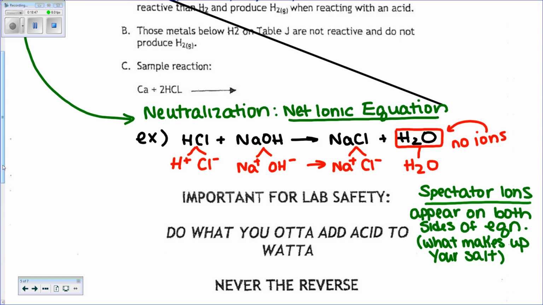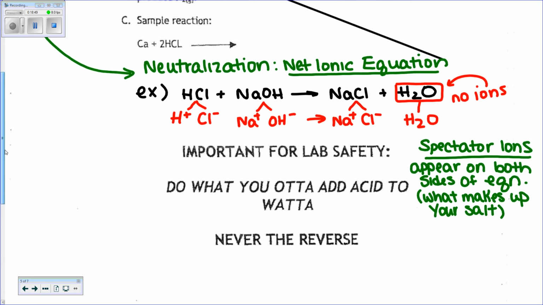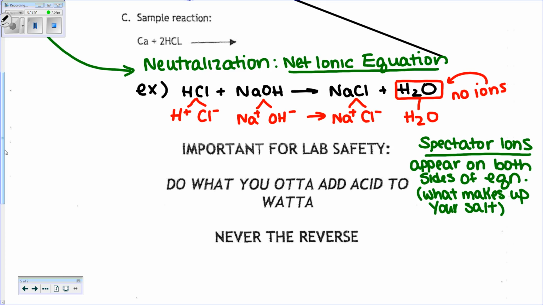So in this case, when I'm looking, I've got H over here. Well, I don't have an H over here. Cl over here. Ooh, I have a Cl over here. So Cl and Cl, there's one of your spectators, Cl minus.